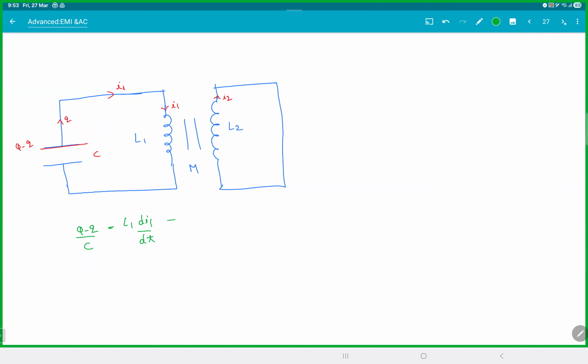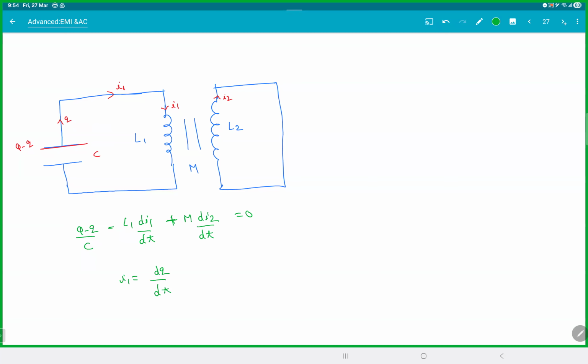They're in the same sense, right? Opposite sense. Yeah, they're supporting actually, because its field lines will enter here, that is supporting. So the direction is important. If the directions are messed up, signs will change. M di2/dt. And also remember, I1 is equal to dq/dt.